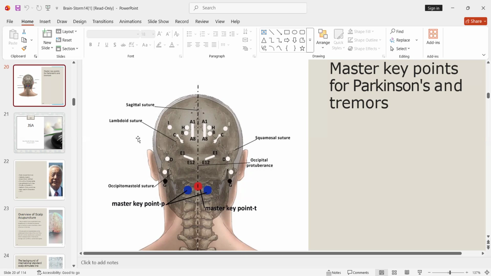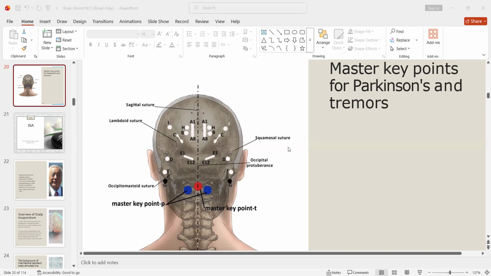No, I am asking how you locate the lambda point. Yesterday I told you the measurement from the occipital protuberance to lambda is 6 to 8 centimeter. Maximum 8 centimeter, minimum 6 centimeter.